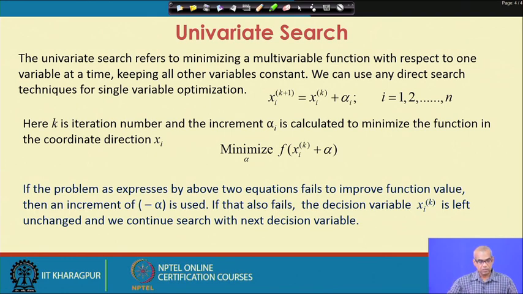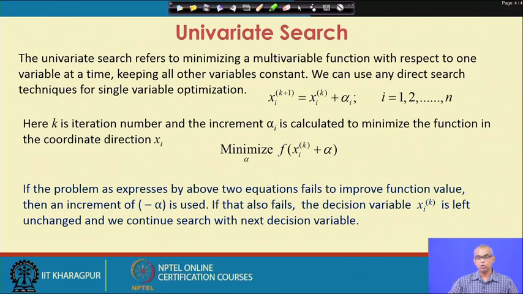If the problem, as we have just expressed by these two equations, fails to improve function value, that means for a minimization problem the function value is not decreased, then instead of taking a positive increment, we take an increment of minus alpha.